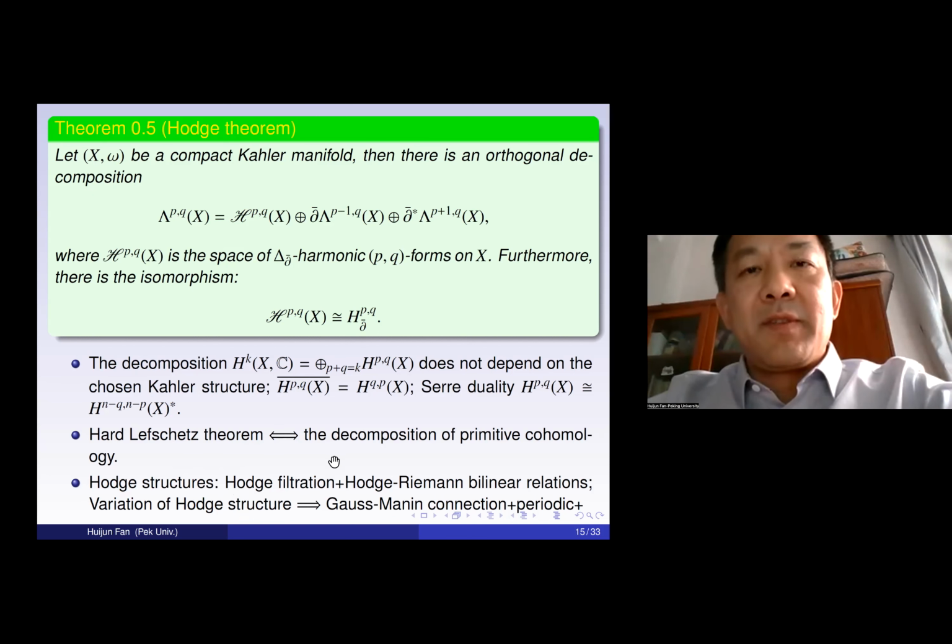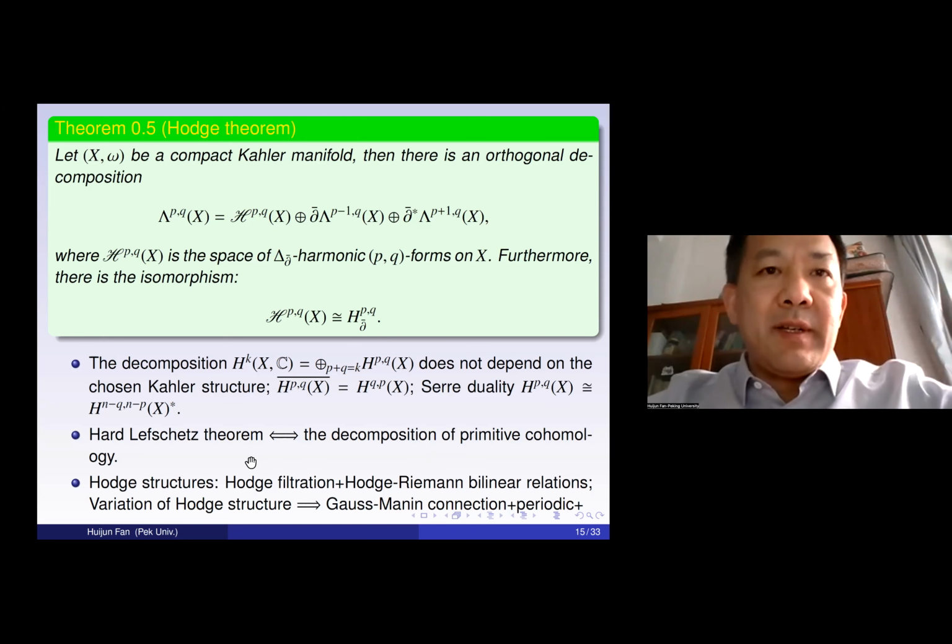That means it provides a flat connection called the Gauss-Manin connection, and then you can consider the solutions of this Gauss-Manin connection, and you study the period matrix and the period mappings. This was actually the center of complex geometry in the 60s and 70s of the last century.